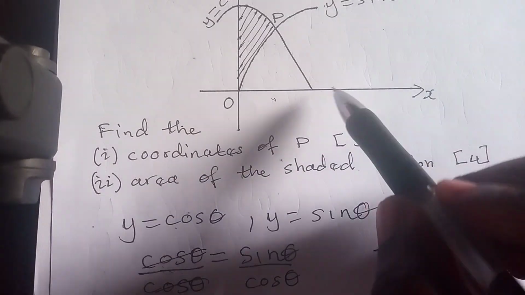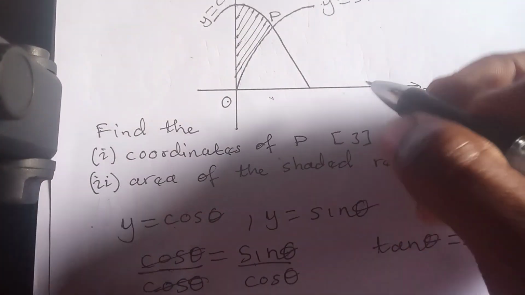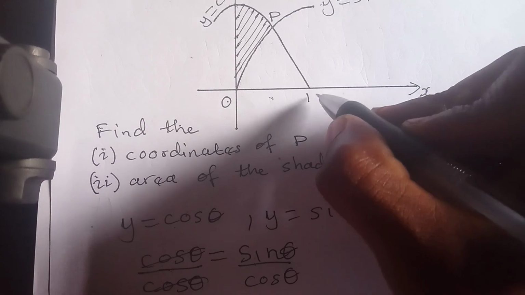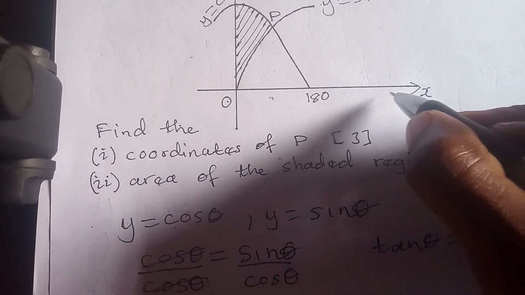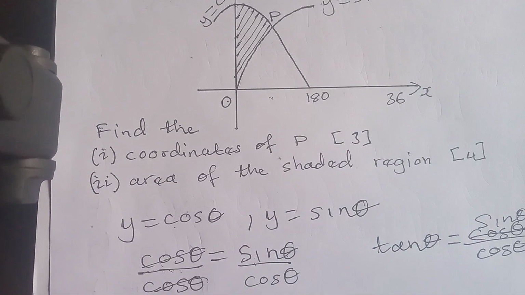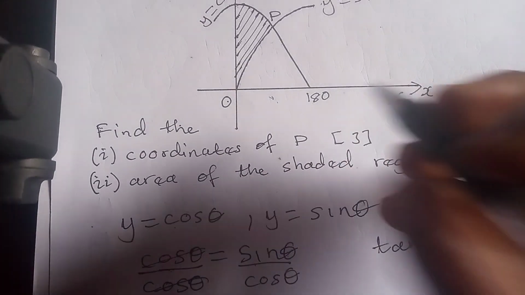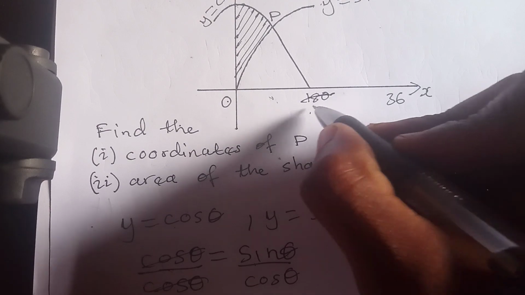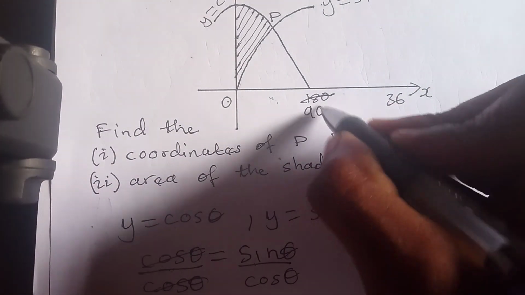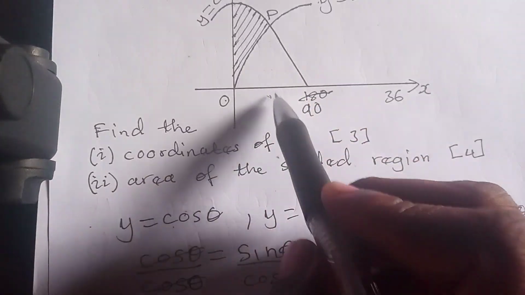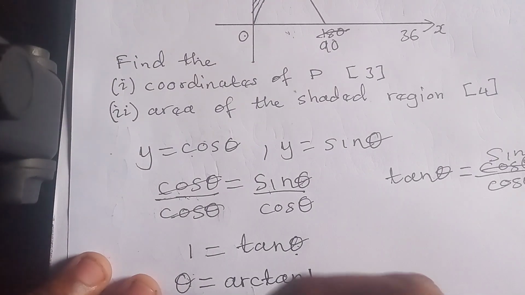This is like 0, and then this is 180, and then this is 360 somewhere at the end there. So you know that actually this should be 90. So you expect to have a 45 degrees somewhere.